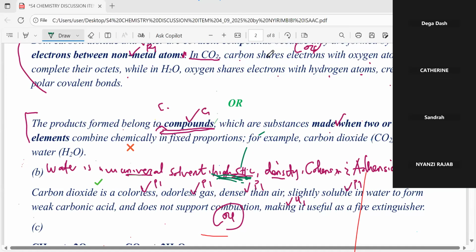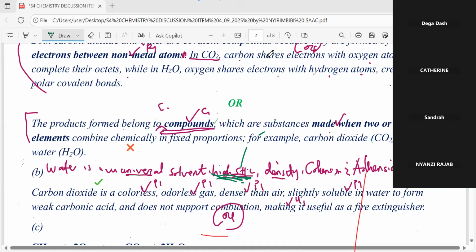Because water is a covalent bond, and in the properties they gave us, they say covalent compounds have a low boiling and low melting point. But true, water does not apply. Now, the reason why water does not apply is because it has some exceptions, like it has some hydrogen bonding in there.